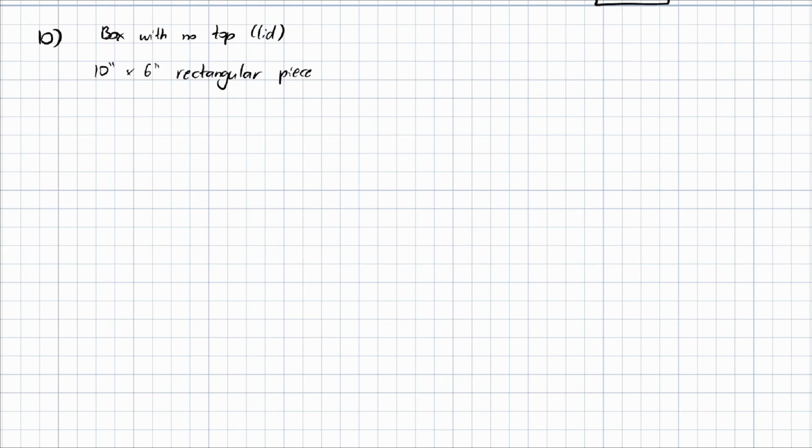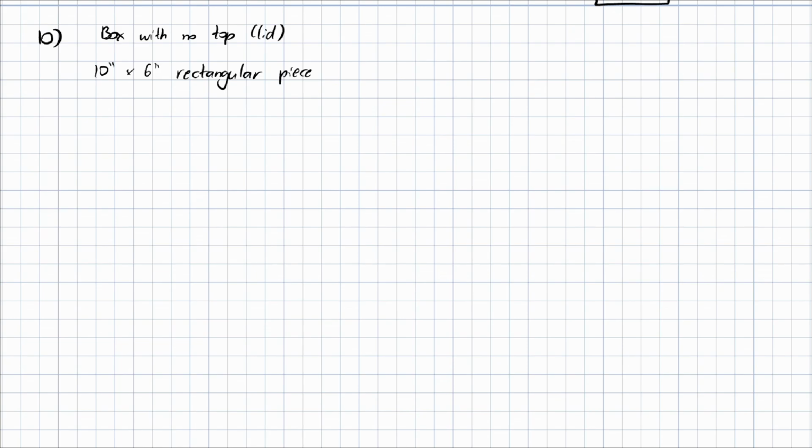Let me make sure I'm reading this correctly. If J cuts squares down to x by x. Ah, gotcha. Okay.